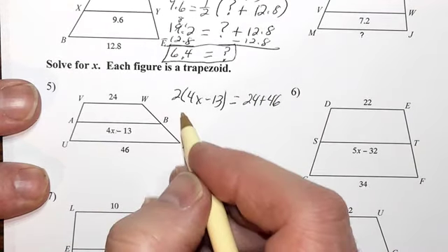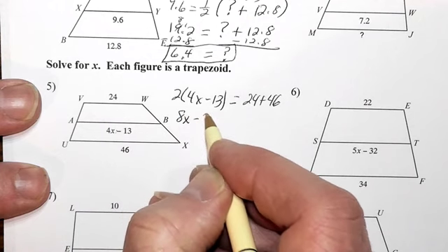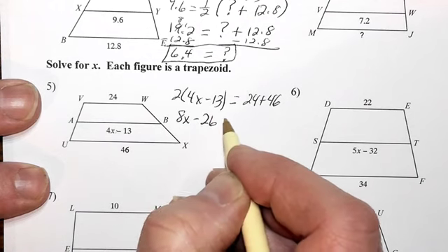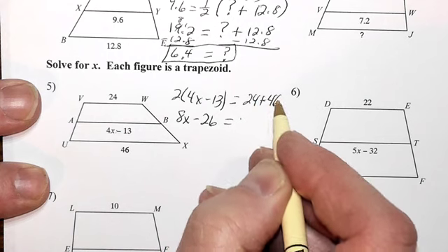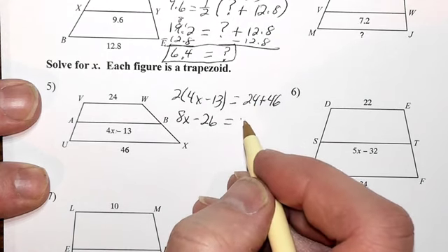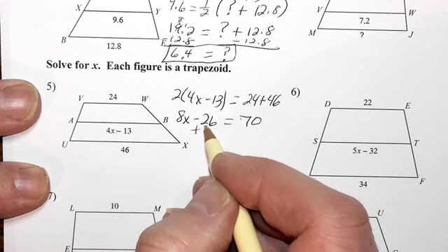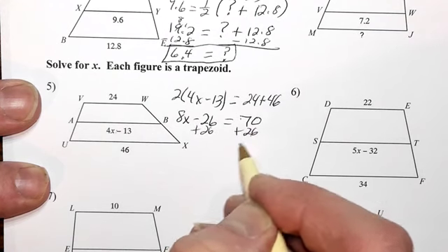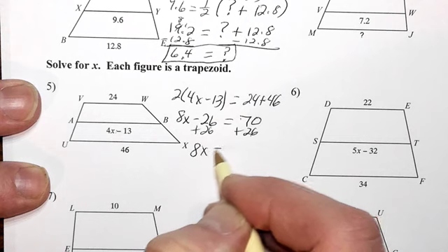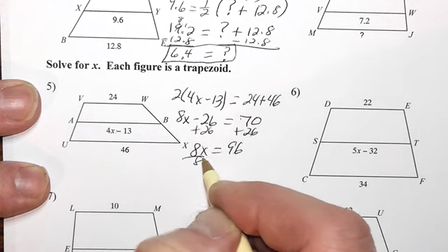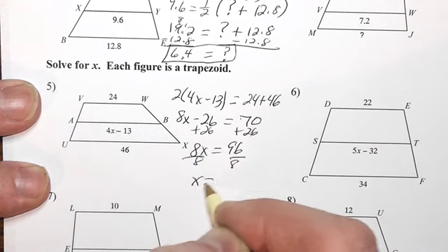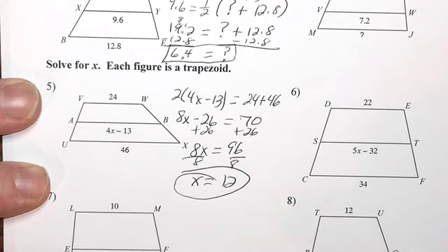Now it's a matter of solving this algebra problem. 8x minus 2 times 13 is 26, equals 24 plus 46, which is 70. Add 26 to both sides. We get that 8x equals 96. Divide by 8, and I get that x equals 12.